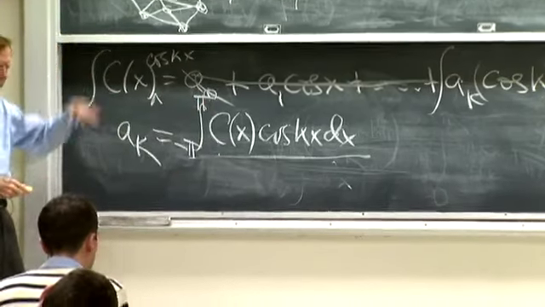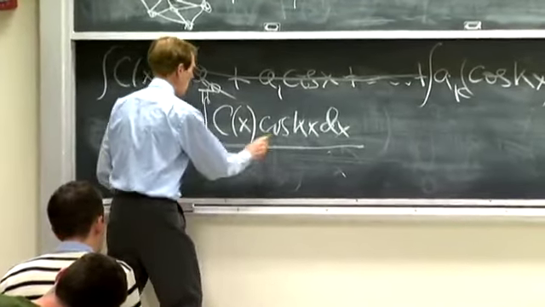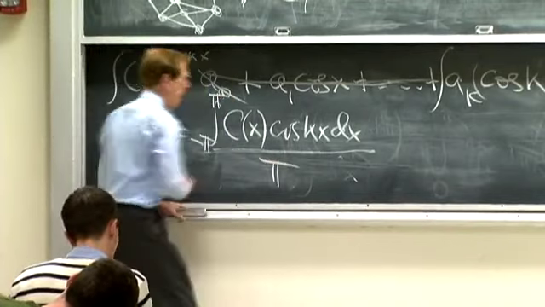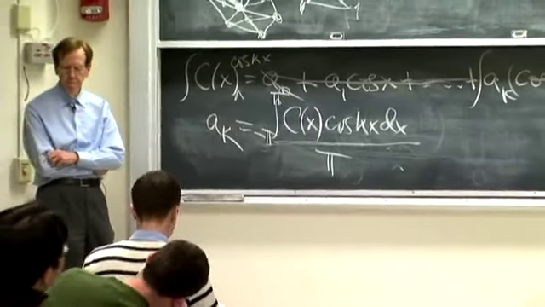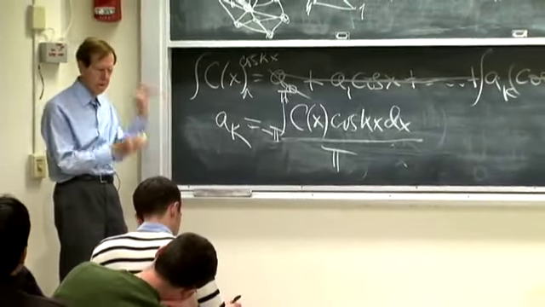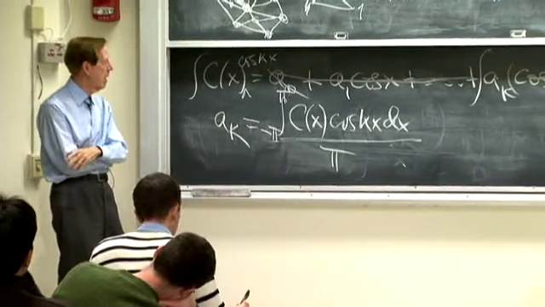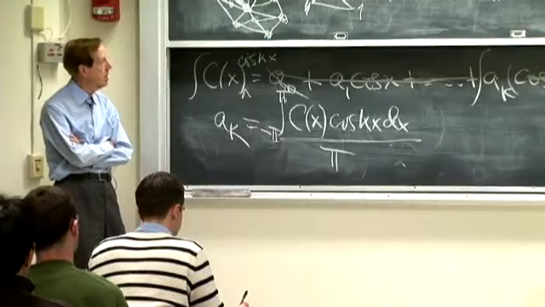It's as much above 1/2 as it is below 1/2. So the average is 1/2, the interval is 2 pi, so pi. Okay, that's the formula. Please just take a mental photograph.